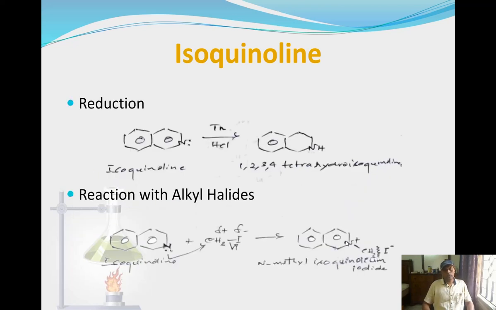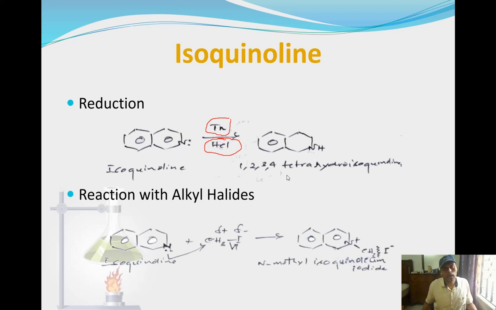In case of reduction, it's going to get hydrogenated. With a combination of tin and hydrochloric acid, which is going to produce hydrogen, it's going to get partially hydrogenated. So you're going to get 1,2,3,4-tetrahydroisoquinoline as the product.